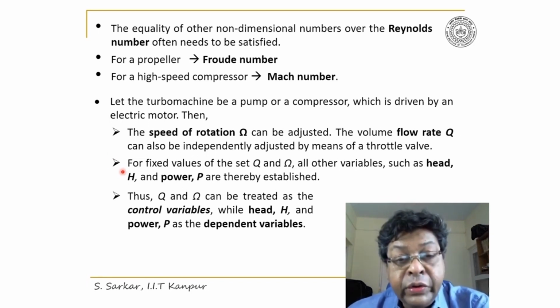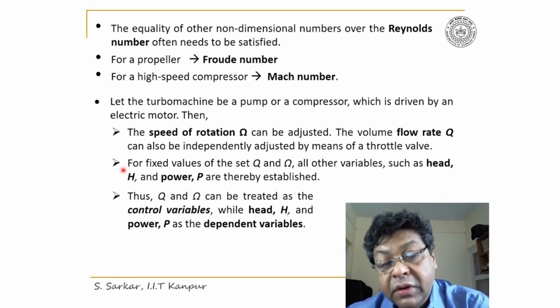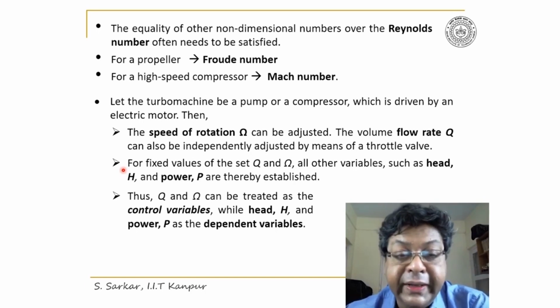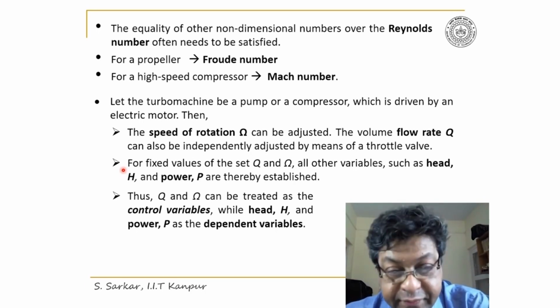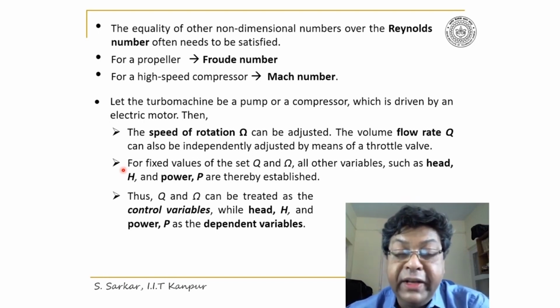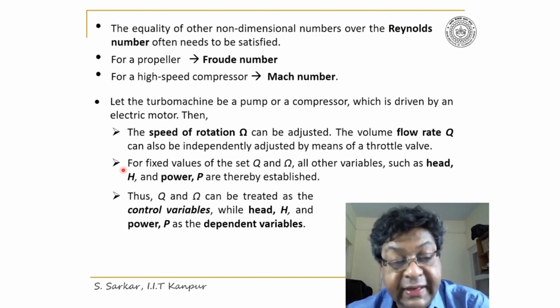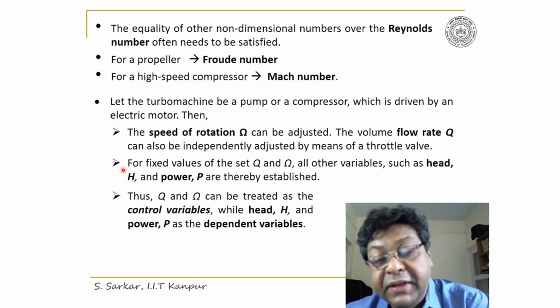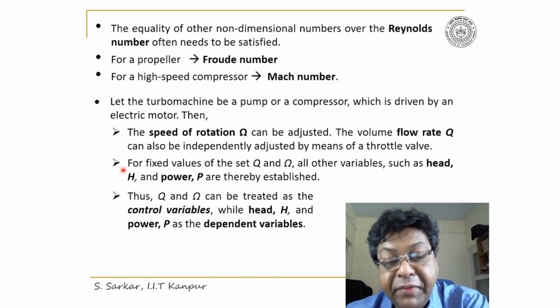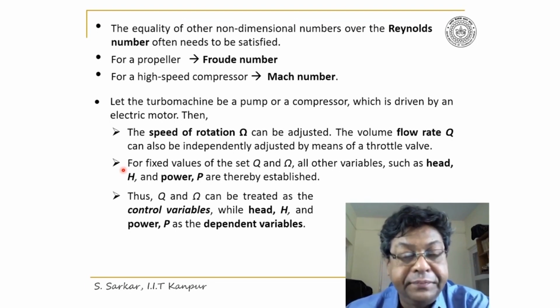And again, for a certain value of Q, flow rate, and speed, other variables such as head and power are established. Thus, Q and omega can be treated as control variables, while head and power can be treated as dependent variables. So here I have defined for turbomachines what the control variables and the dependent variables are.